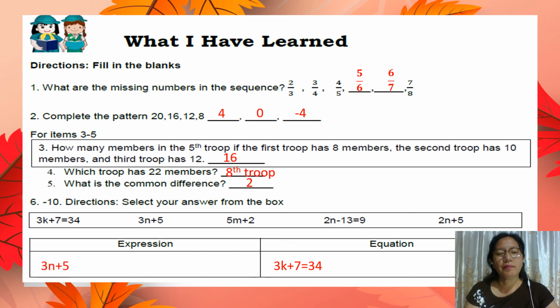Next, 5m plus 2. No equal sign, so expression. Next, 2n minus 13 is equal to 9. Since it has an equal sign, so it is equation. The last one, 2n plus 5 has no equal sign, so it is expression.